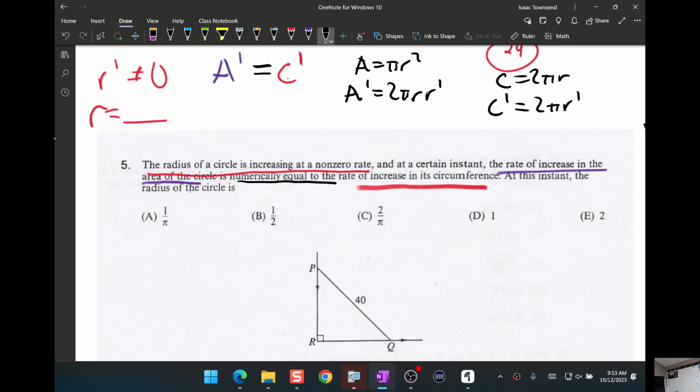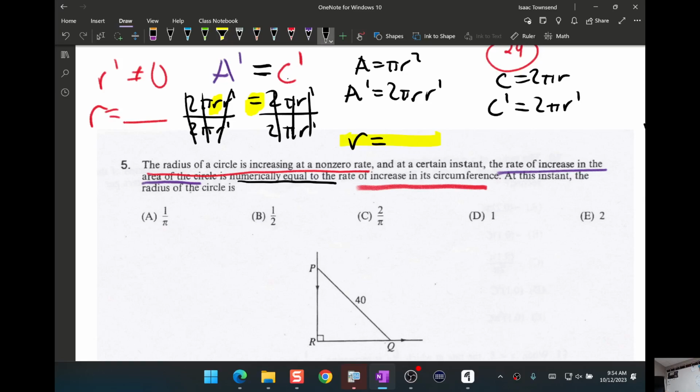And then if these are supposed to be numerically equal, you could set this one equal to this one. And we're supposed to solve this for r, which actually works out pretty nicely, because if you divide both sides by a 2, a pi, and an r prime, you're left with r equals, and over here you've got something divided by itself, so 1.